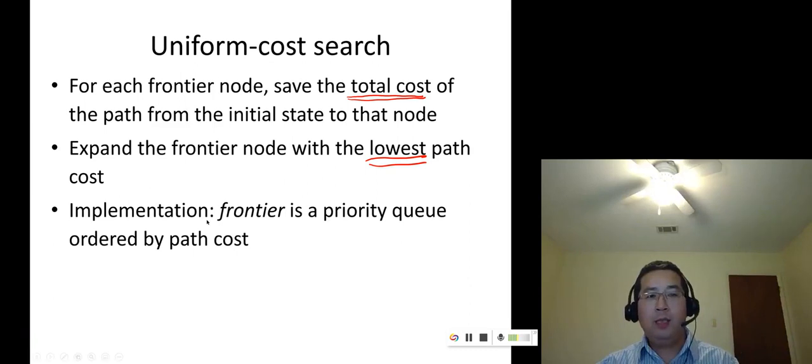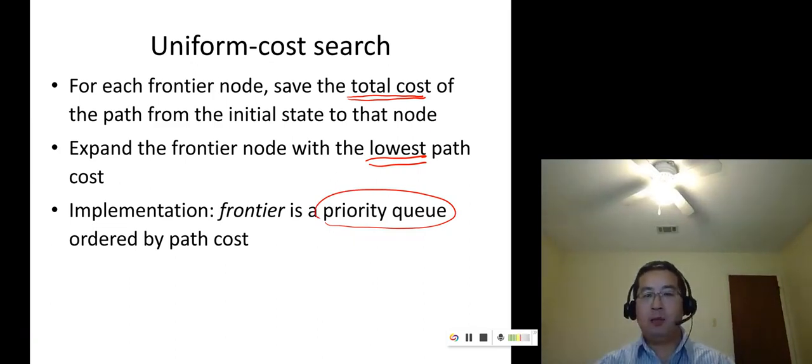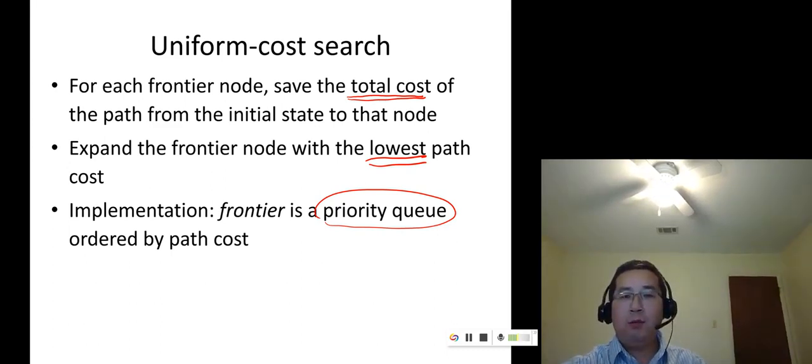So the implementation will be a priority queue. If you have learned the algorithm or the structure, you know we can use a heap to do this, correct? Because here the lowest path cost is smallest, we need to use a min heap. Each time we maintain the smallest one on the top, on the root.